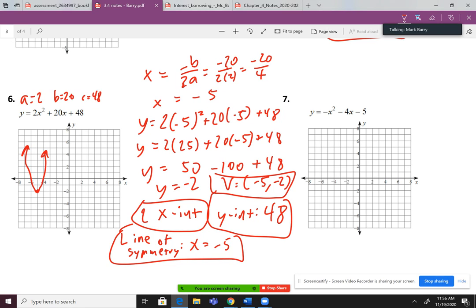My line of symmetry is x equals negative 5. Now this one's opening up, so that means the vertex is the minimum value. So the min value is negative 2. The smallest y value on the graph is negative 2.